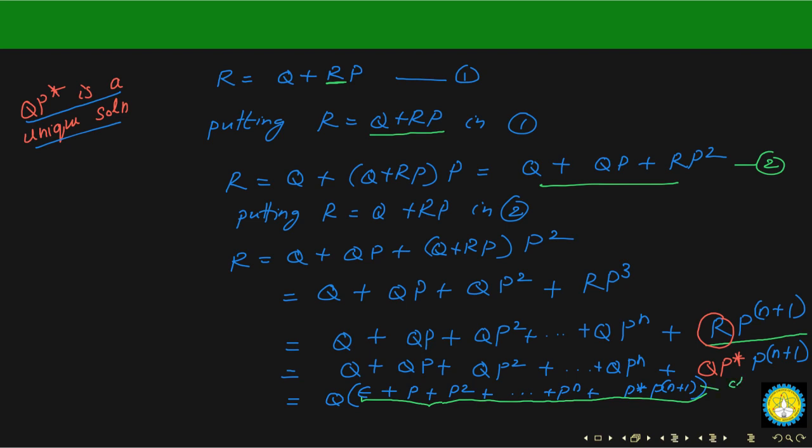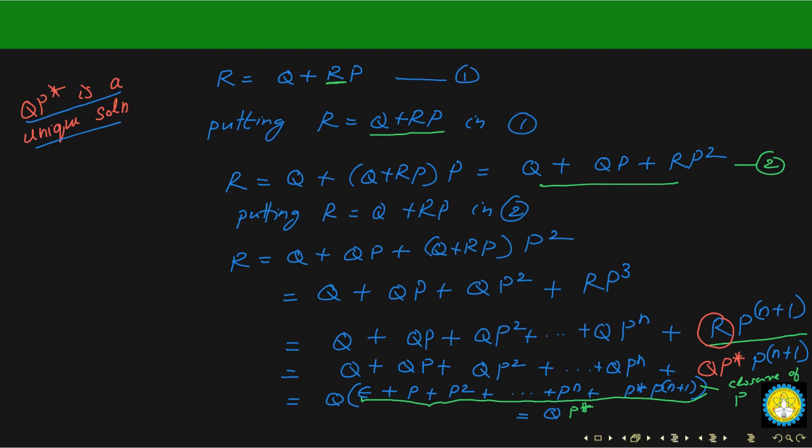This is the closure of P, and the closure of P is P star. So you can replace this by Q into P star. This is how we can prove that QP star is a unique solution.